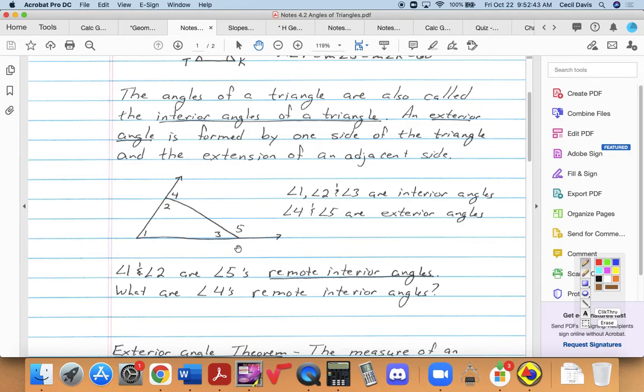Adjacent. Thank you very much, sir. They're called adjacent angles. Okay, these two are adjacent because they're right next to each other. Is 1 right next to 5? Is 2 right next to 5? No. We call those angle 5's remote interior angles. So that's a new term for you, the remote interior angles.